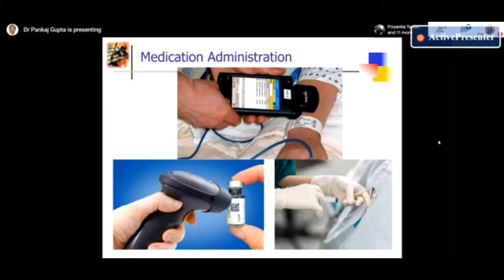If any of these steps are not followed, there is a clear legal liability fixed on the person who administered the drug. So you're pretty much eliminating all the errors that could have happened from the stage of drug orders all the way to administration and beyond. Any questions?